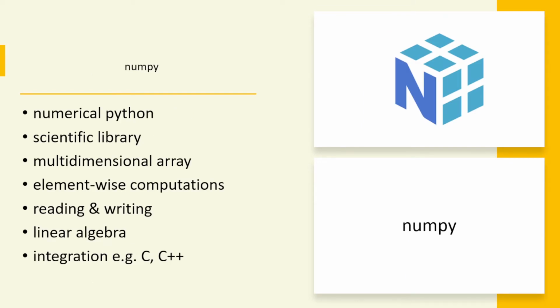Numpy is numerical Python, which is a scientific library where we look at arrays, either one-dimensional, two-dimensional or multi-dimensional. And we can perform operations on the elements, the items within these arrays quite efficiently. So we can read and write, and we can perform linear algebra operations on the data, and also it's good for integration.